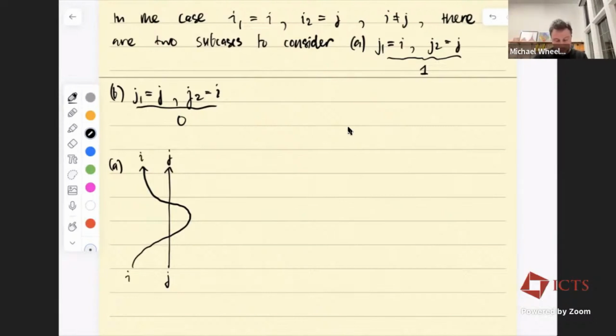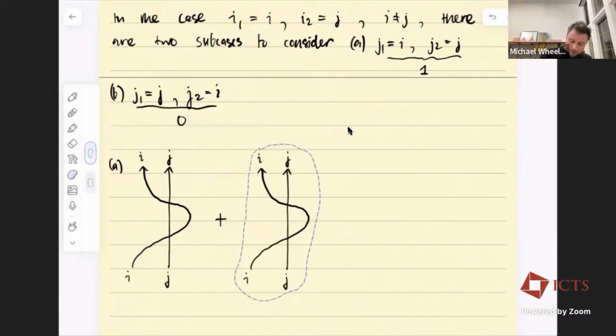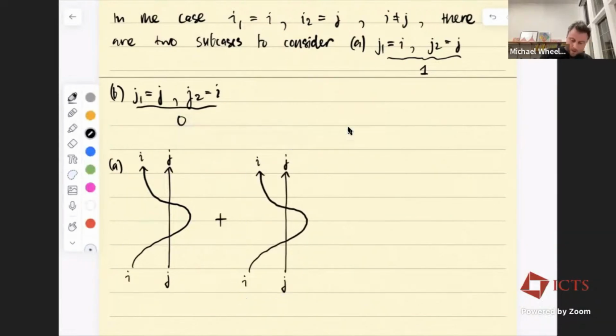They can either be of the form ij or ji. So we're going to have a sum of two of these things. The first one I'll write as ij, and the second one as ji. And let's just remind ourselves of the spectral parameters. They look like this.